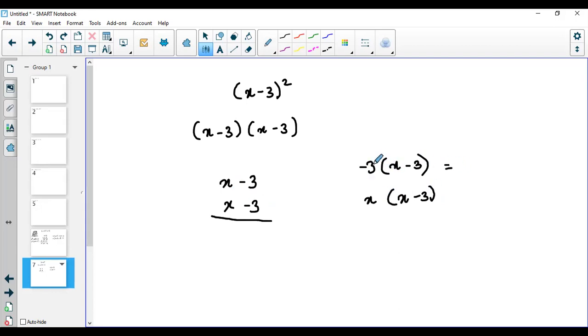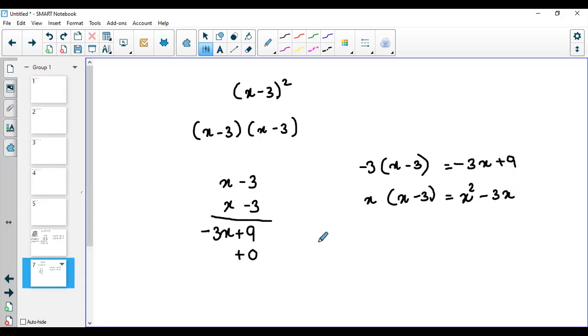So let's solve this. Negative 3 multiplied by x will give us negative 3x, and negative 3 multiplied by negative 3 will give me a positive 9. For this one, x multiplied by x will give me x squared, then the other one will give me a negative 3x. So let me write them down properly. As I told you, start by writing from the right hand side. Negative 3x is the first thing I'm going to write, and the next thing is add the 0.